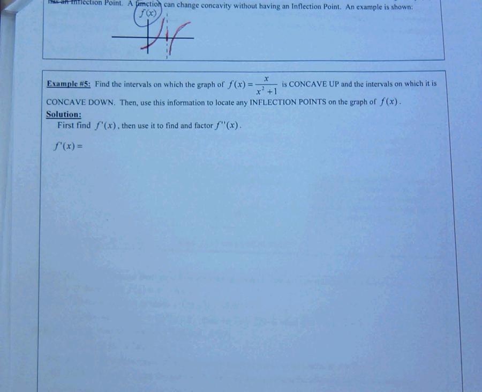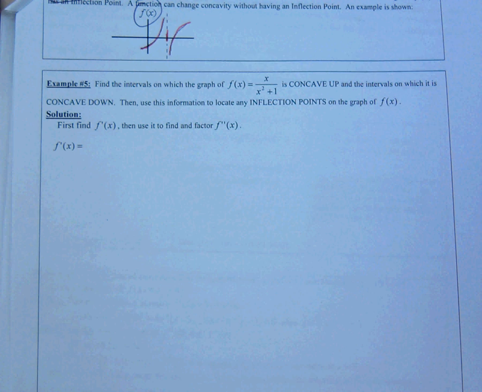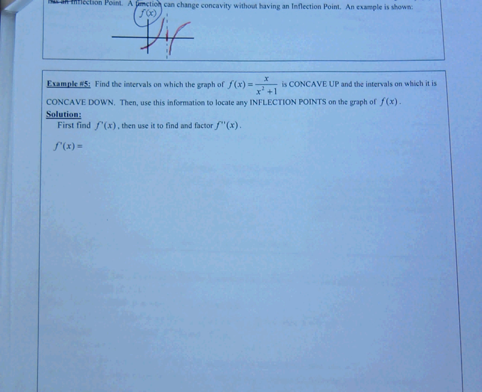By the way, do not factor f prime. That just makes the second derivative harder. So when you're finding f double prime, just find f prime and stop. Do not factor f prime.